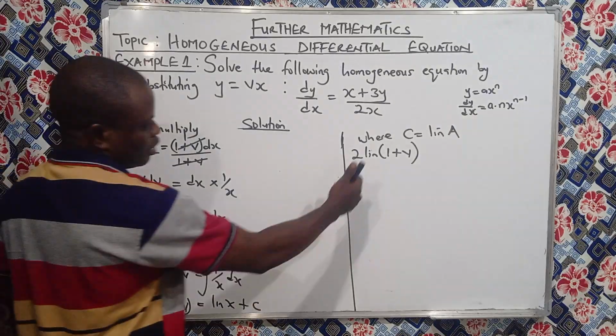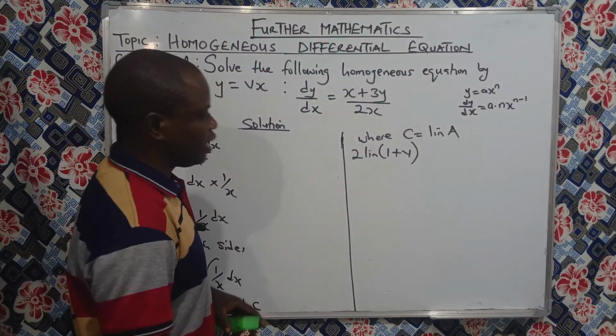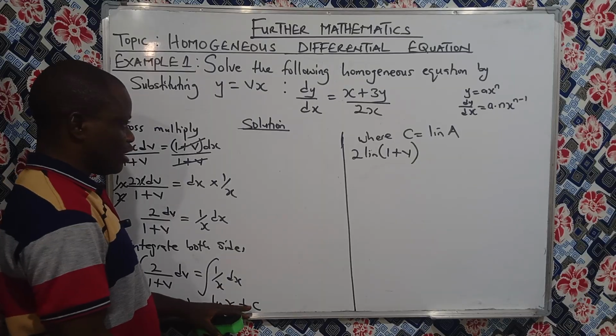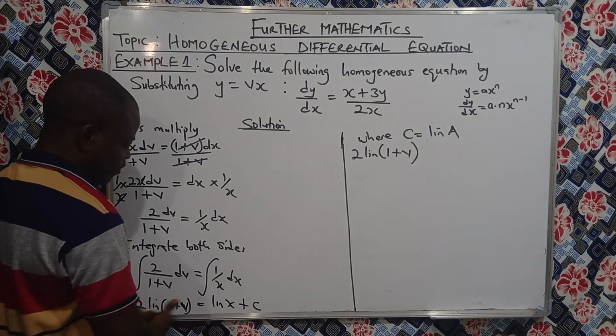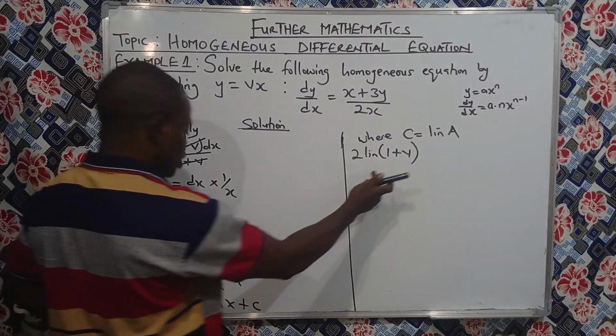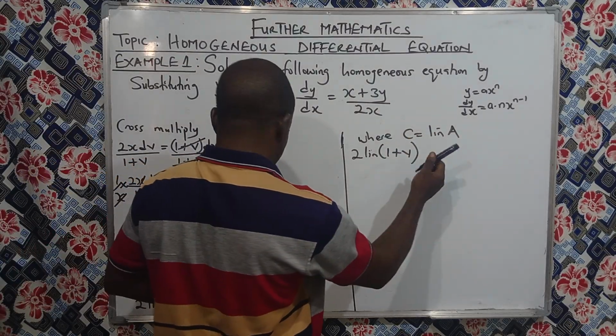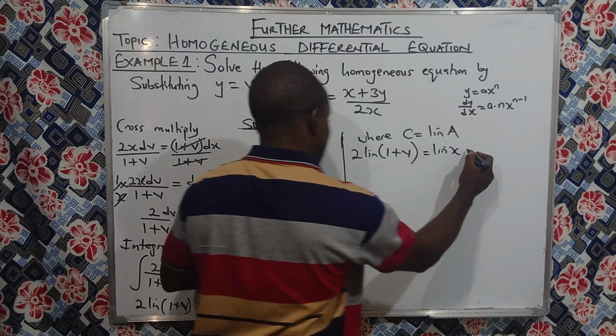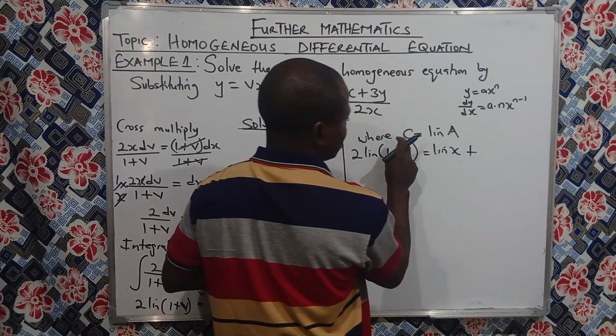We assumed c equals ln a, so anywhere you see c, you put ln a, because we want everything in terms of ln. Now 2 ln 1 plus v equals ln x plus ln a.